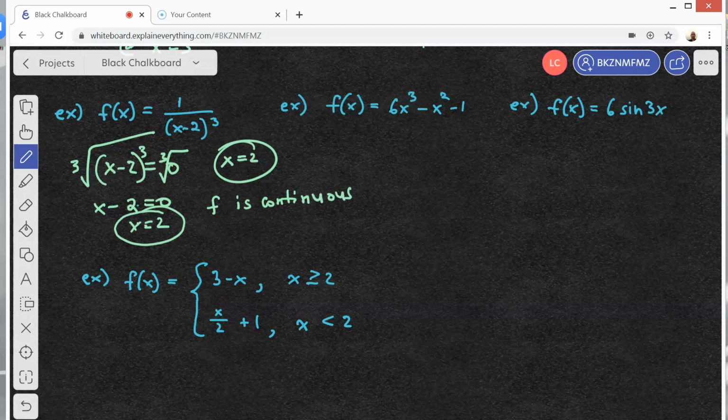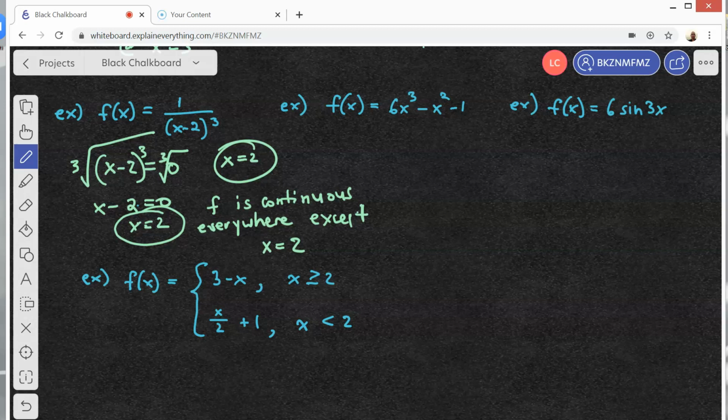The function is continuous everywhere except x equals 2. So by saying that word except, you're saying the function is not continuous at 2.